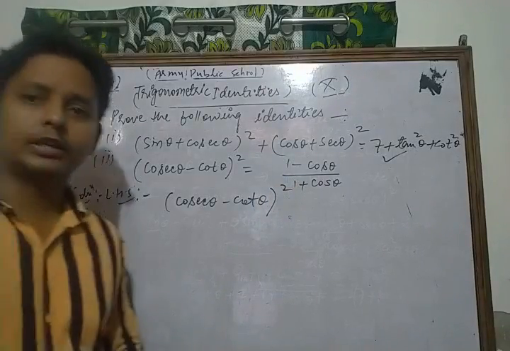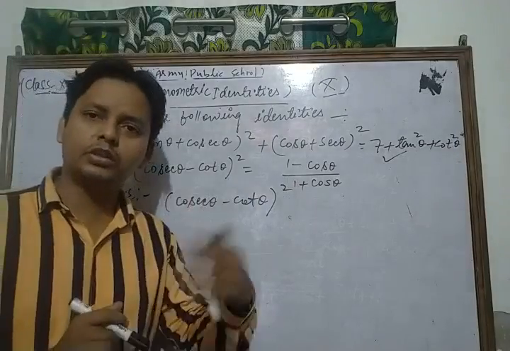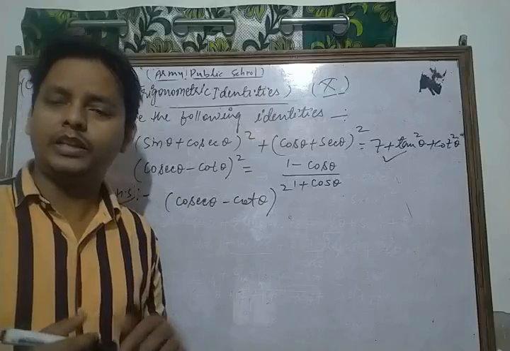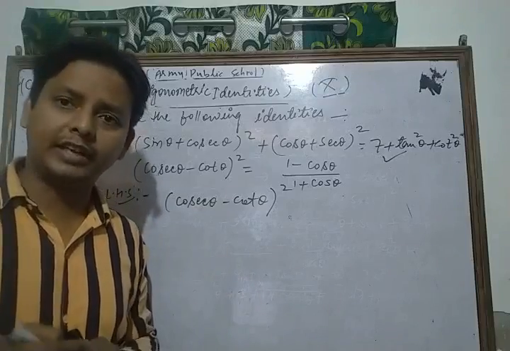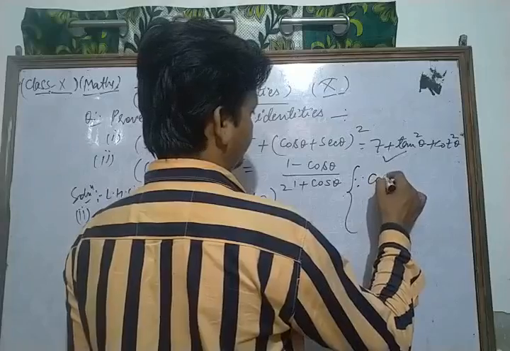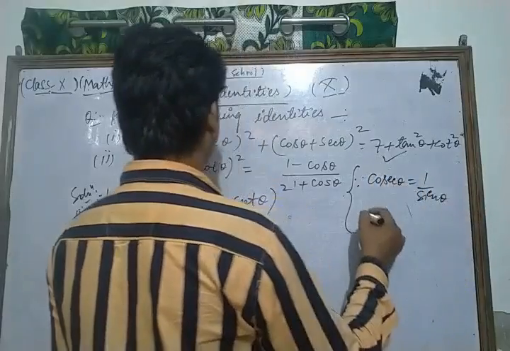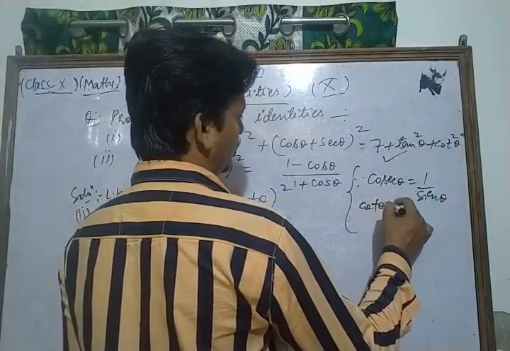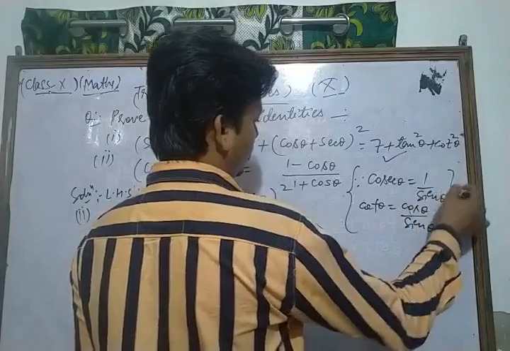Now, what do I do for that question? Dear students, first of all, we convert it into sine and cosine. So in all that type of question, first of all, you convert the given question into the form of sine and cosine. Since we know that cosec theta is equal to 1 upon sin theta and cot theta is equal to cos theta upon sin theta.